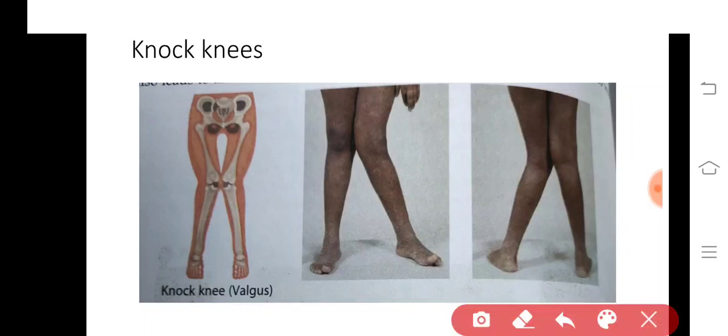The condition can occasionally result from an injury to the growing end of the leg bones. Asking very young children to walk and run also leads to altered knee shape and knock knees. So, my dear students, if the body weight is too much, or if the child is being insisted to run or walk at a very early age, it can bring on knock knees.